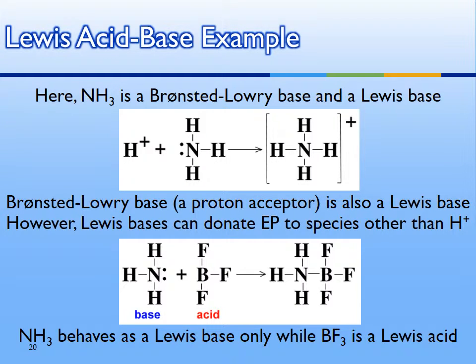So there is a reaction such as ammonia and boron trifluoride, where nitrogen provides its two electrons, its lone pair, and it's known as the Lewis base. And the boron trifluoride here, accepting the electron pair, is known as the Lewis acid. As you can see, the Lewis theory expands even further the species that can be classified as acids.